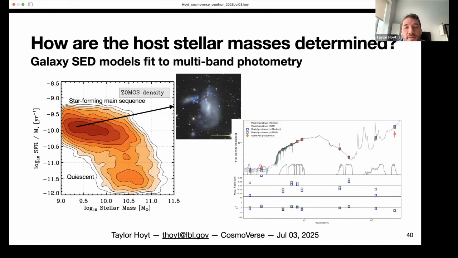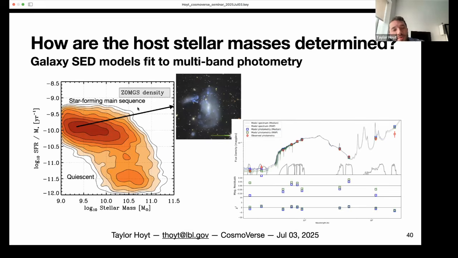So how do we derive these stellar masses? Essentially, some basis functions for galaxy SED and a suite of stellar population synthesis models are used to generate model spectra, which we can then use to fit to photometry of the host galaxy, like I show here.